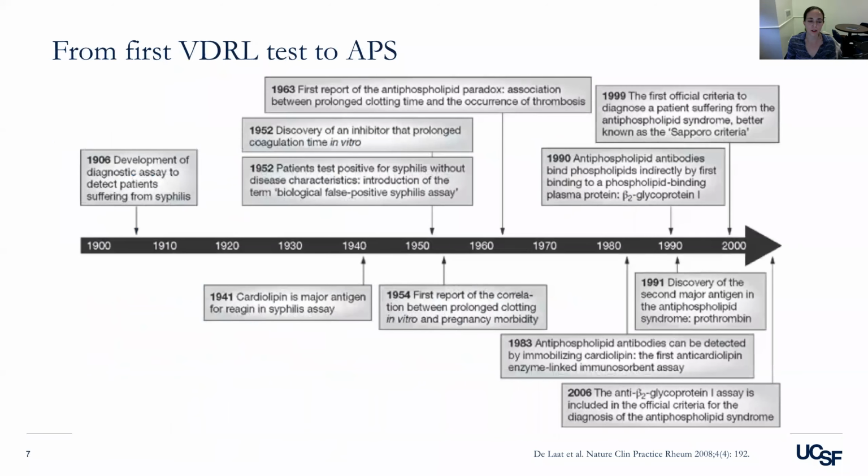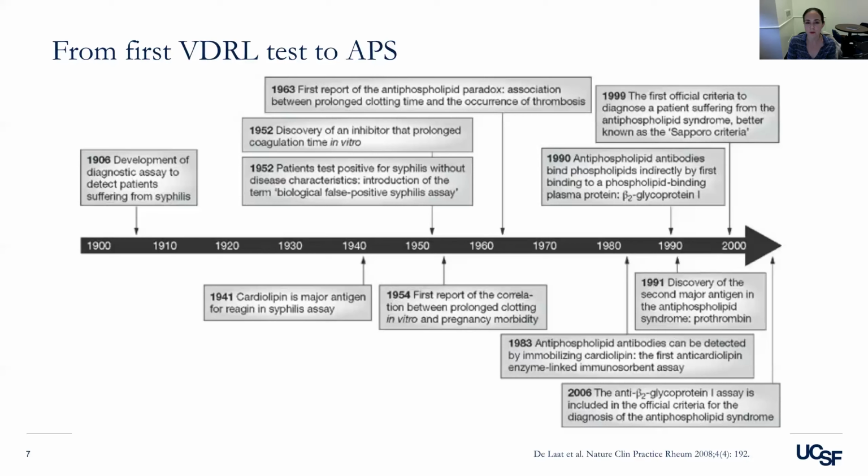So if you take a look just briefly at the history of how we have come to the current situation in our understanding of antiphospholipid syndrome, in the early 1900s, the diagnostic assay was developed to detect patients who were suffering from syphilis. About 3 or 4 decades later, it was understood that cardiolipin was actually the major antigen for the reagent in the syphilis assay, and that led to this understanding of the biological false positive syphilis assay.